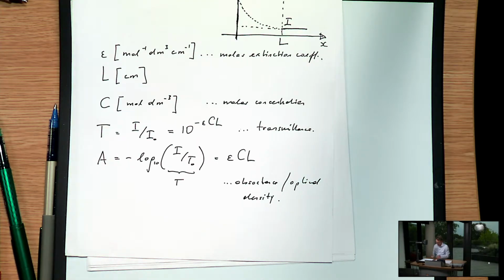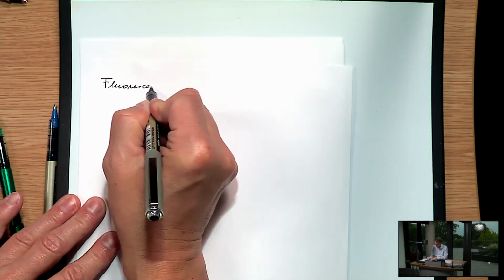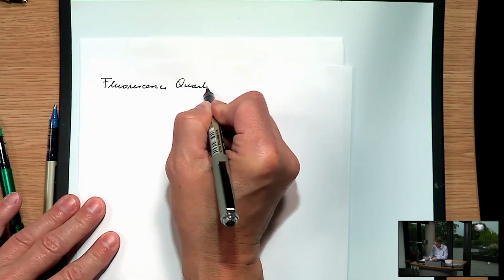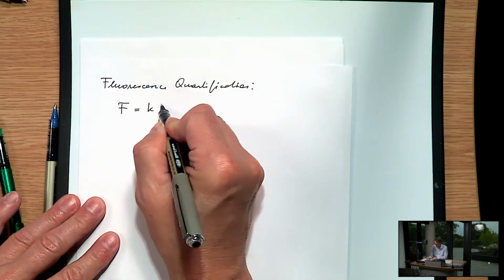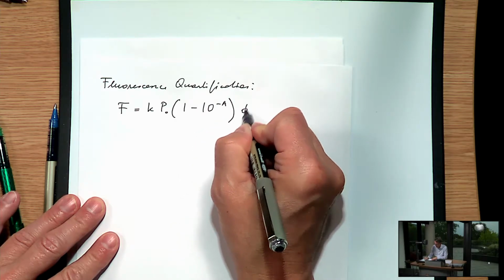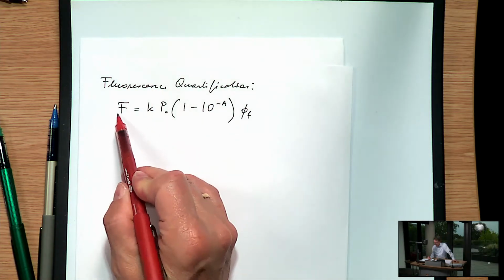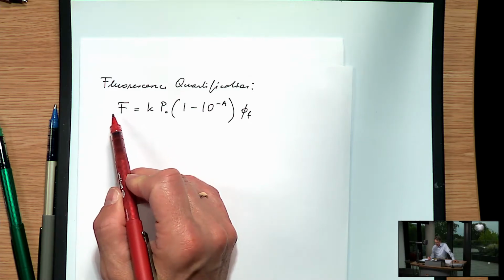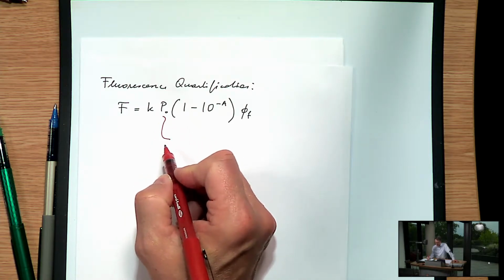So if I look at the fluorescence quantification, we have F is equal to K P naught times 1 minus 10 to the minus A times theta F. Now, the fluorescence signal F is in watts, given by the power incident on the sample.